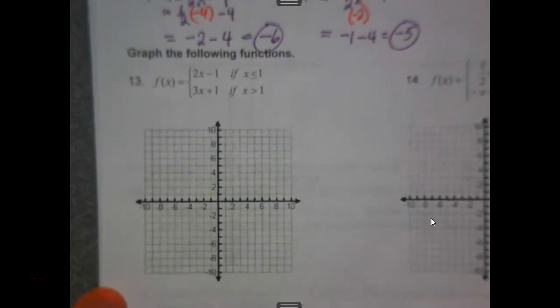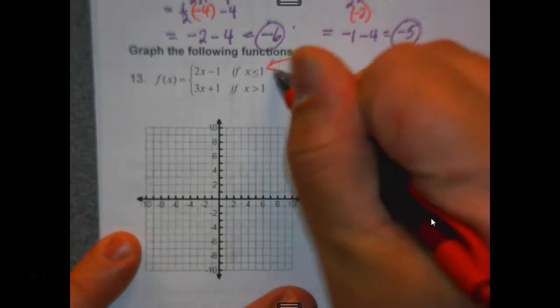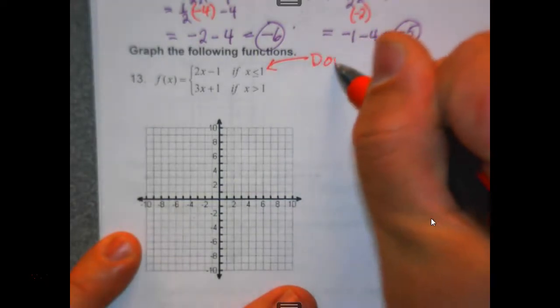All right. So here's what we're going to do. Now, believe it or not, these are pretty simple because we only have 2 pieces of the function. There's only 2 of them. So I look at the domain restrictions here.